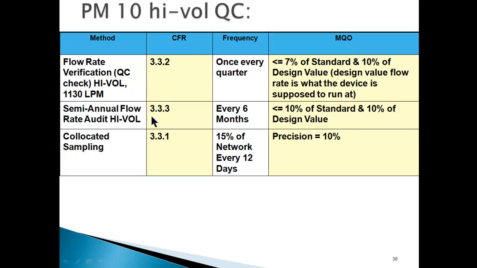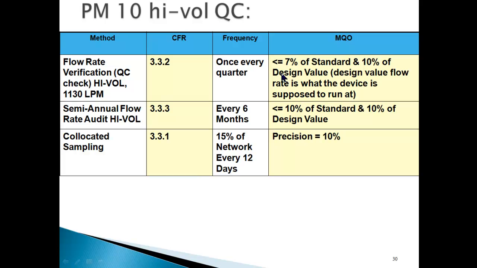Just looking at the quality control that we need for high vol instruments, see where it says CFR, this is Code of Federal Regulations, and these are the sections. So I read this and made this table. You have to do a flow rate verification, and some of you will probably be doing PM10 high vol sampling at some point. This is a QC check to make sure that the flow rate is exactly 1,130 liters per minute, at least once every quarter.